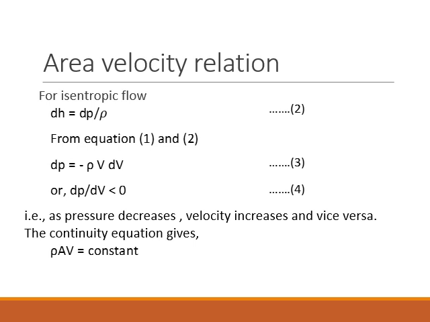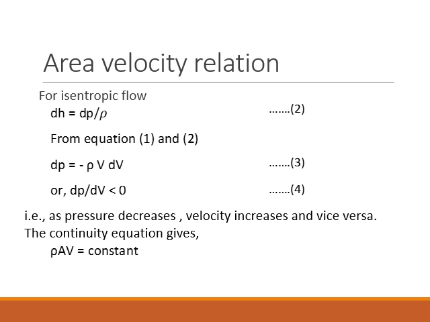So for isentropic flow where ds is equal to 0, we can write dh equal to dP upon rho, and from equations 1 and 2, dP equals minus rho V dV, or dP upon dV is less than 0. That is, as pressure decreases, velocity increases and vice versa.